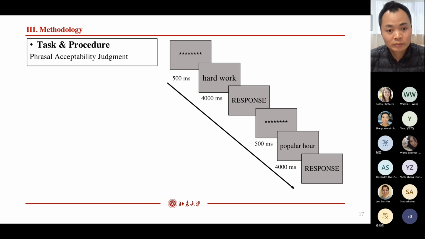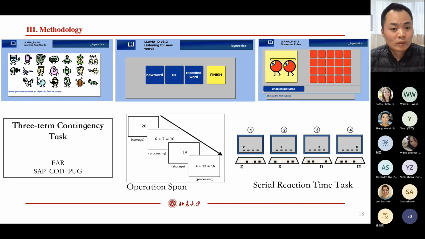In this experiment, participants see, for example, "hard work", and with an allowance of 4 seconds, they have to make a judgment whether this is a legal word combination in English or not. And in other cases, they see illegal word combinations like "popular hour", and they also have to react.